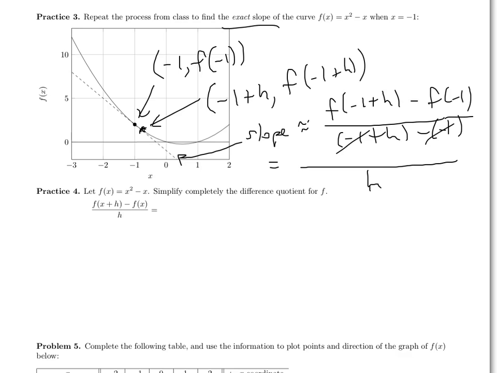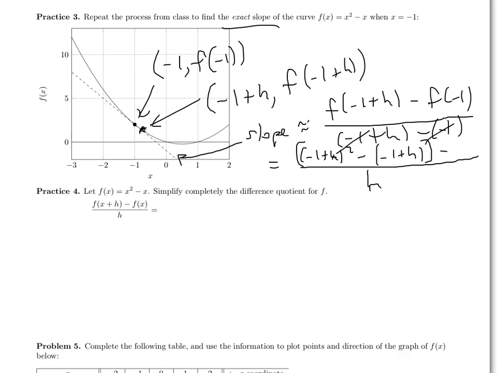This piece, f of -1 plus h, I've got to very carefully put -1 plus h in for x in the formula for f. And that'll be (-1 plus h) squared minus (-1 plus h). You notice I'm putting parentheses around things just to be careful, to make sure I really have substituted correctly.